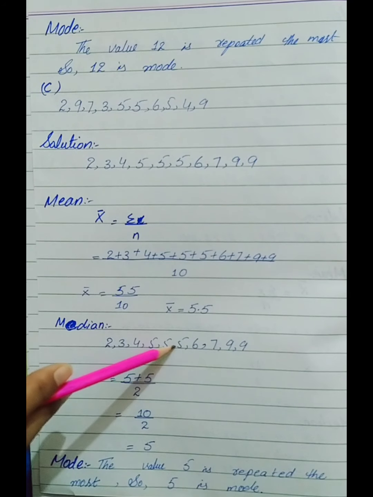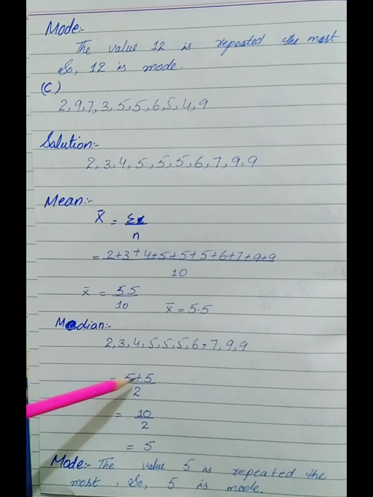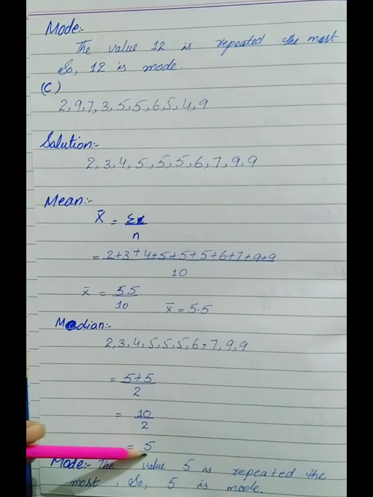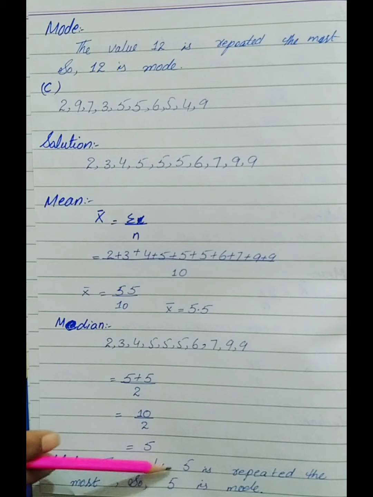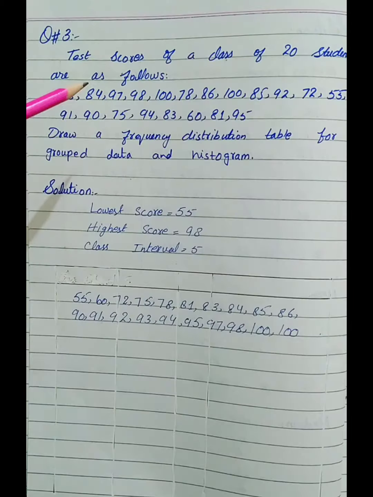These are the middle values, so we add 5 and 5 and divide by 2, we get 5, which is the median. Then next is mode. The value 5 is repeated the most, so 5 is the mode. So the mean is 5.5, median is 5, and mode is also 5.